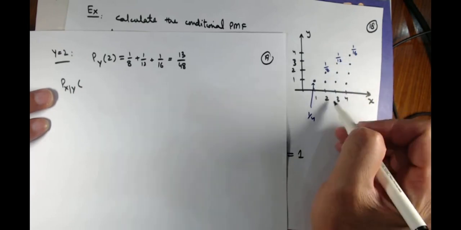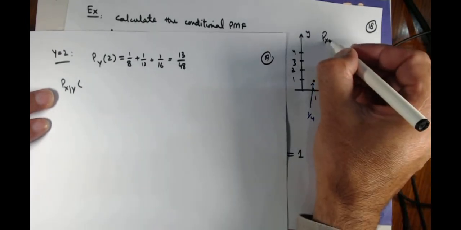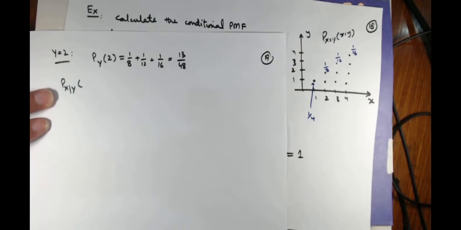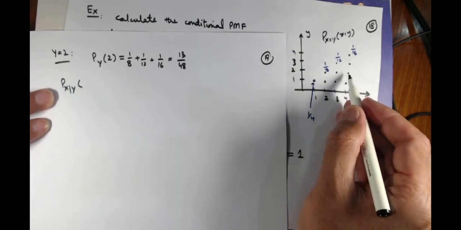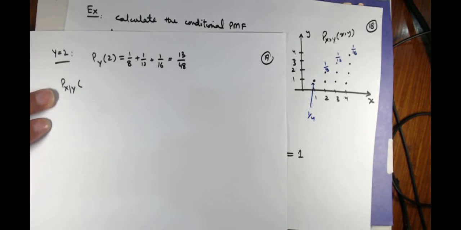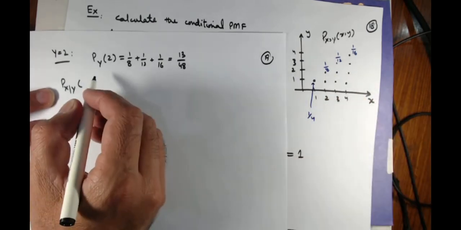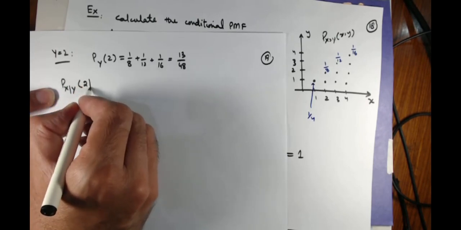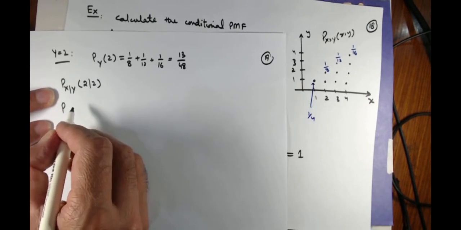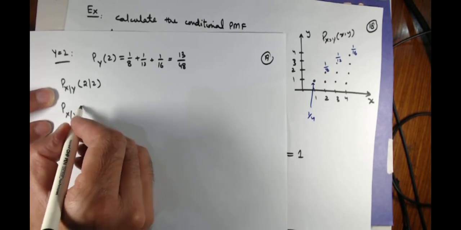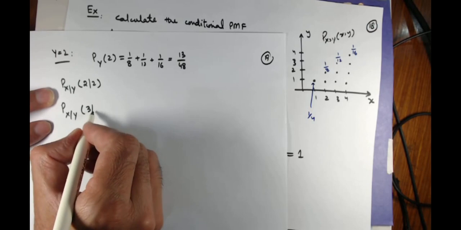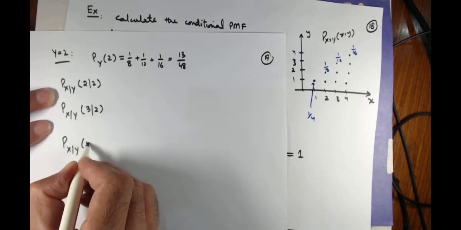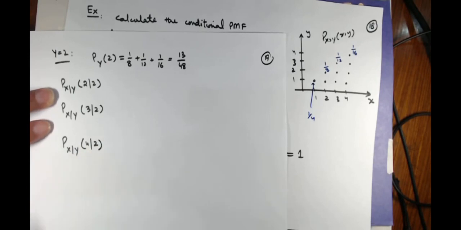No other points in the total giant distribution of X and Y. So we'll have 3 values of X which are intersecting with Y. So we have P sub X given Y of 2 given 2, then P sub X given Y of X is equal to 3 given Y is equal to 2, and then P sub X given Y of X is equal to 4 given Y is equal to 2.